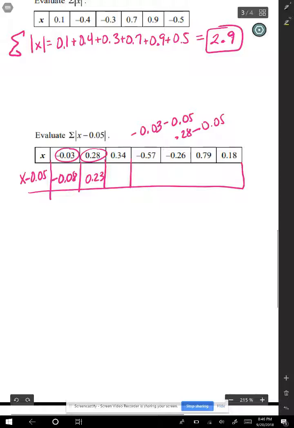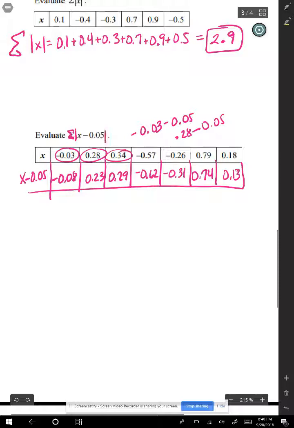And then you're just going to keep going down the row and doing that. So 0.34 minus 0.05 would be 0.29. And then the next one would be negative 0.62. And then negative 0.31, 0.74, and 0.13.